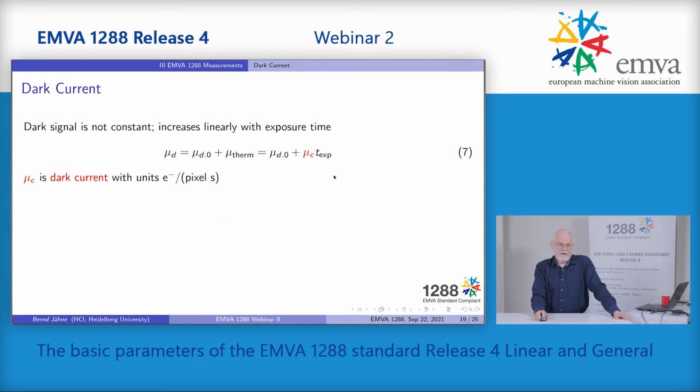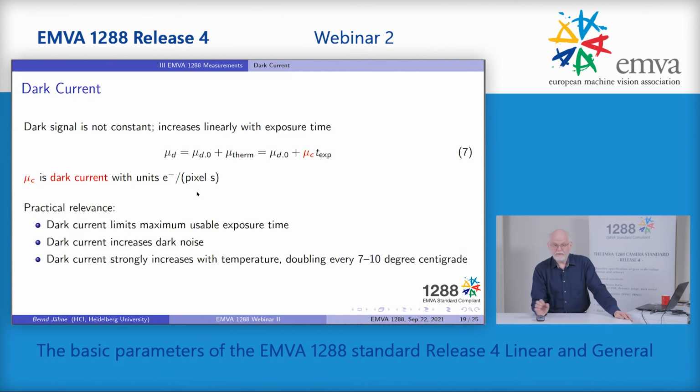The final thing we have to consider is a dark current. A dark signal is not constant. It increases linearly with the exposure time. And this dark current is expressed in electrons per pixel and per second.